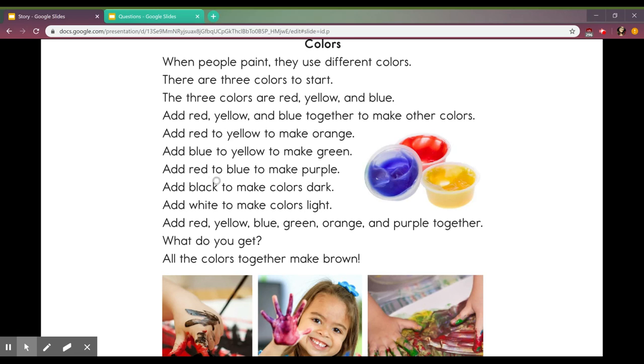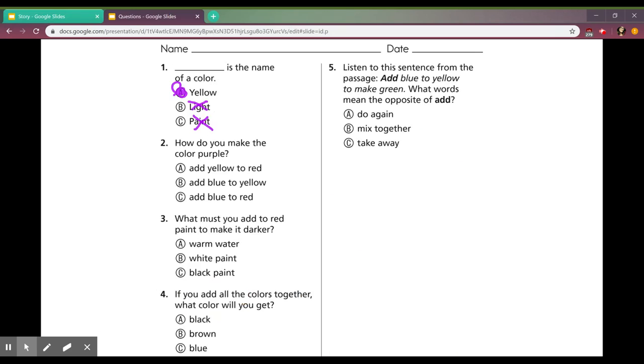Add red to blue to make purple. And that was one of my exact options. So I can go back. This first one says add yellow to red. That wasn't right. Add blue to yellow. No. Add blue to red. Yes.